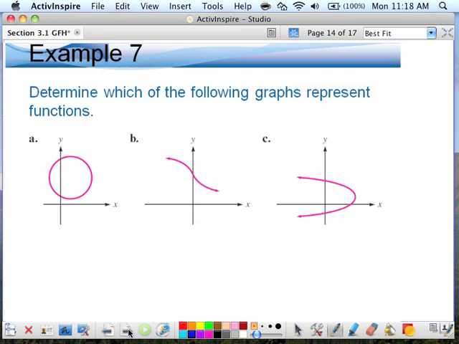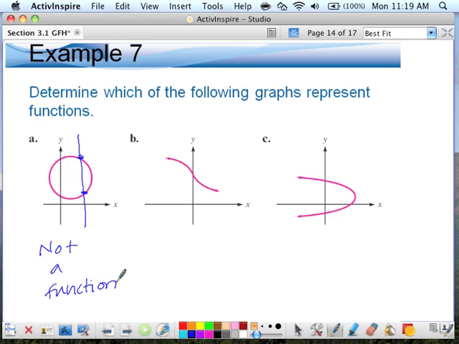Okay, well, really quickly, look at these three and determine whether they are functions or not. The first one is a circle, and I could draw almost anywhere on it and hit that circle twice, so we say that it is not a function. The next one is actually a cube root function.